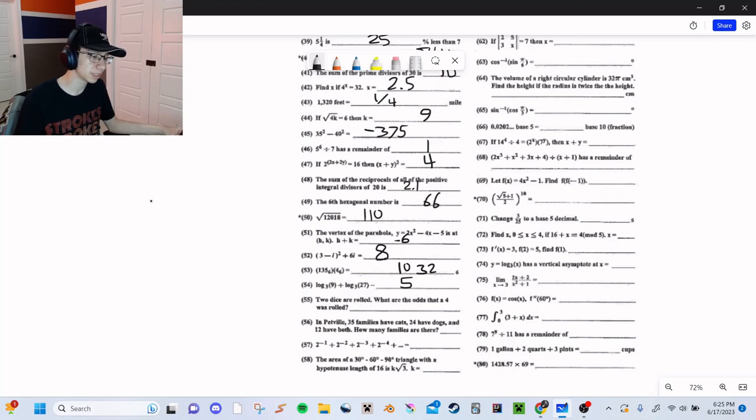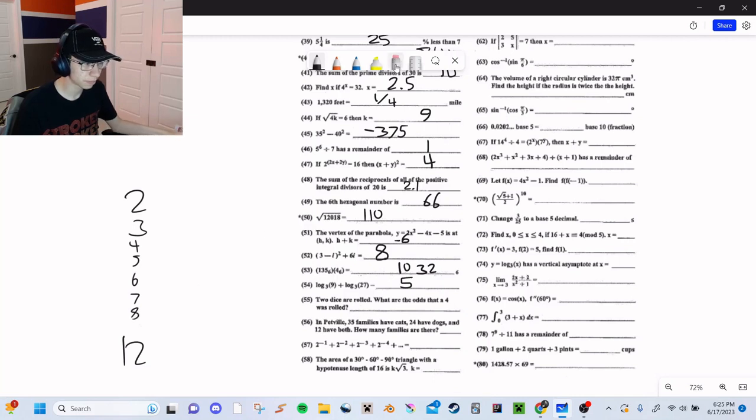The smallest possible sum I can have is 2. The largest possible sum I can get is 12. I have 2 6s on the top. And then I have all the other numbers in between. So let me write it like this.